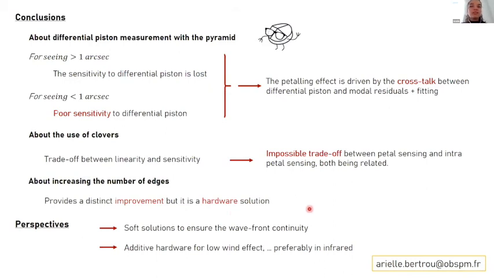So my perspectives to tackle, first, the atmospheric variation is to use an algorithm to ensure the wavefront continuity. I think it could be the MMSE method or phase unwrapping or whatever, and to tackle low wind effects, I'm still under the shock of the talk.